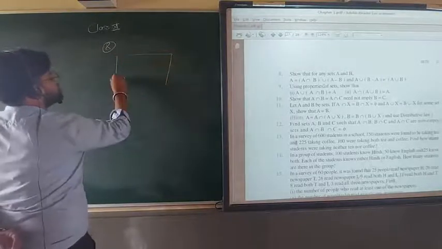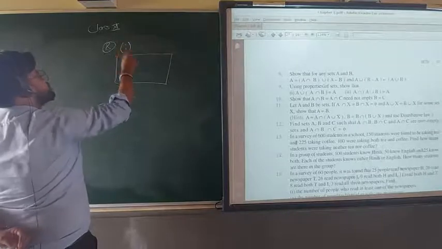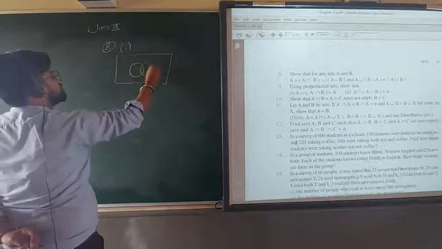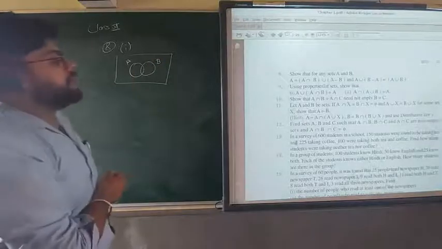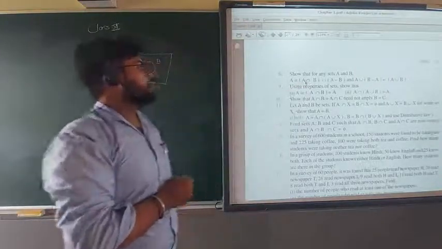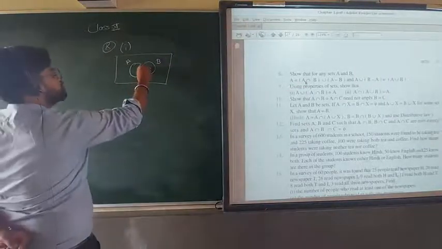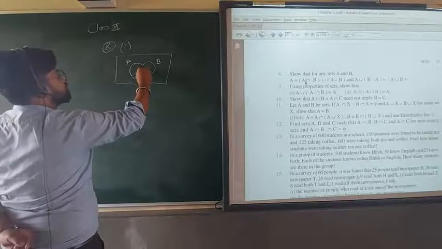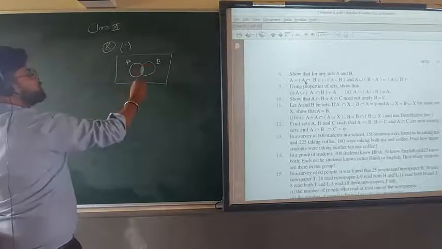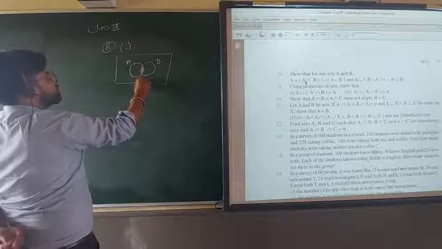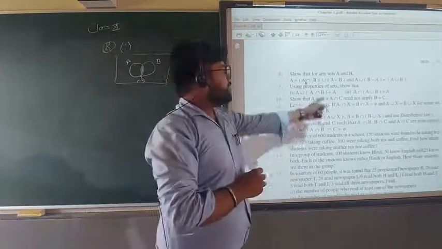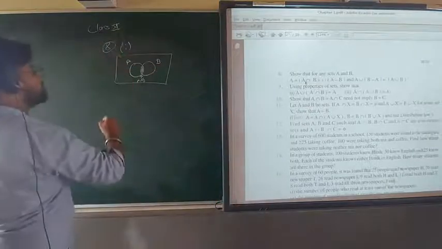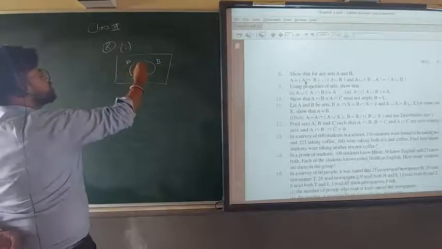Now listen. First part, suppose this will be the set A and this will be the set B. A intersection B is this only, the common part. And the A minus B part means the complete A minus B part, this one.